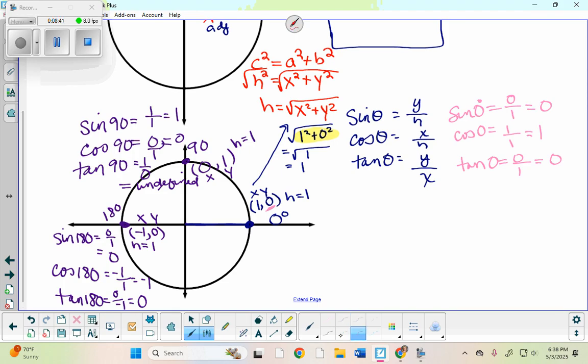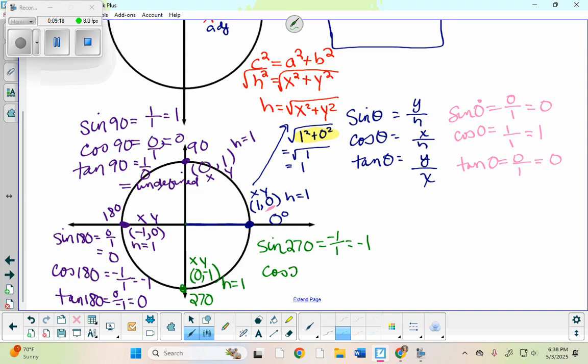And lastly, we will do 270. And the location of that is over 0, down 1. And again, if we put this into the Pythagorean theorem, the 0 and -1, your h would be a +1. So the sine of 270 is y over h. So -1 over 1. You get a -1.